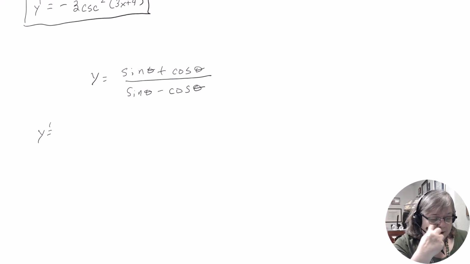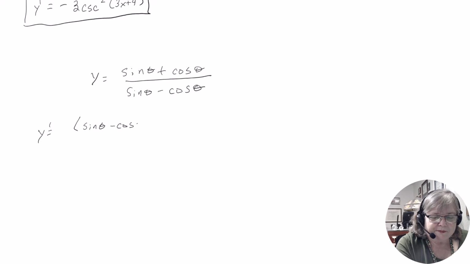All right. So it's the bottom times the derivative of the top. So the derivative of sine theta is cosine theta. And the derivative of cosine theta is minus sine theta.